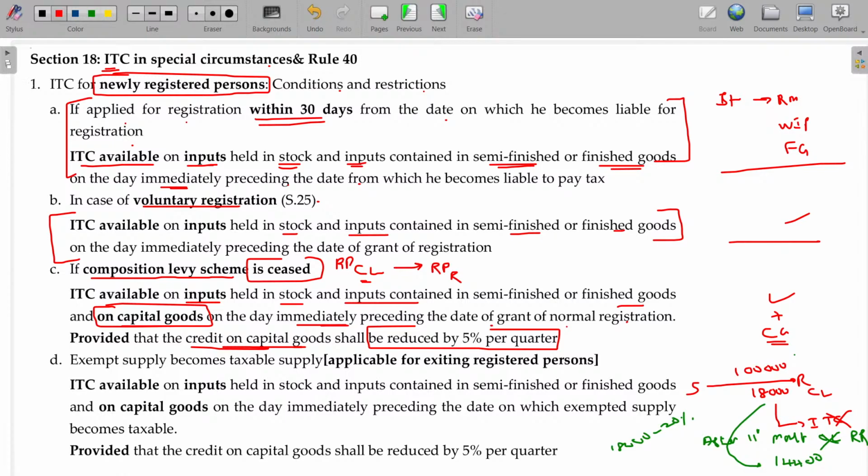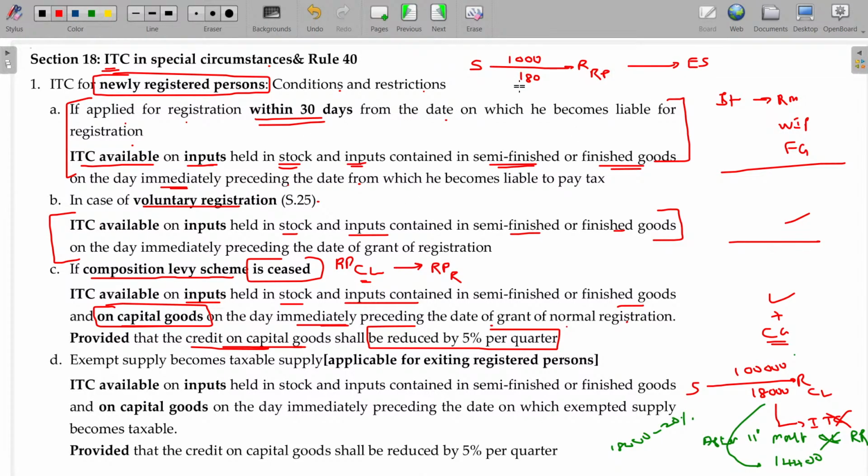So, if you are a registered person, supplier, recipient, who are you? Registered person. You purchased 1,000 rupees worth of goods and GST paid was 180. Now, you are a registered person, but you are eligible for ITC only provided your supply is not exempted supply.